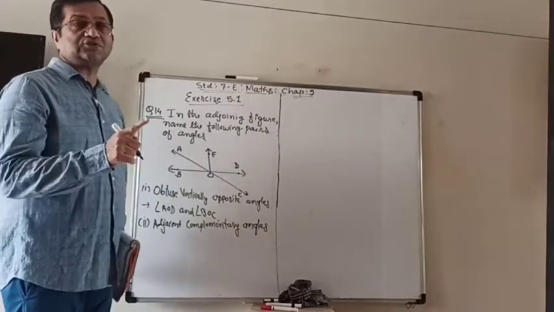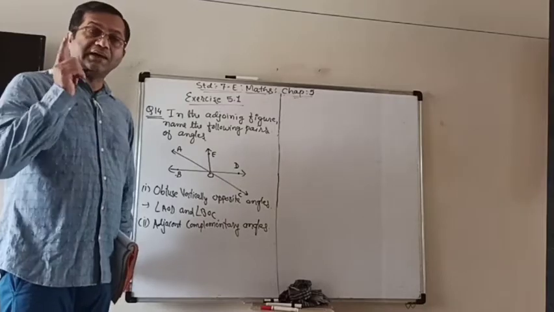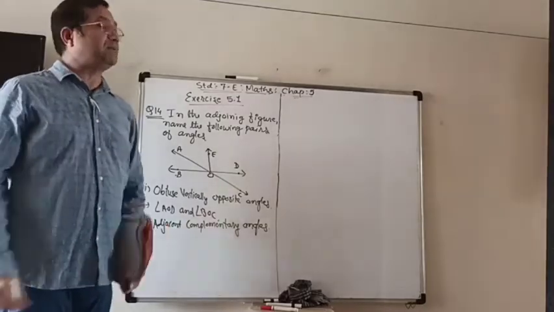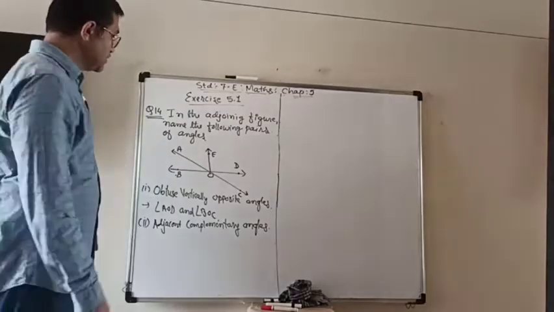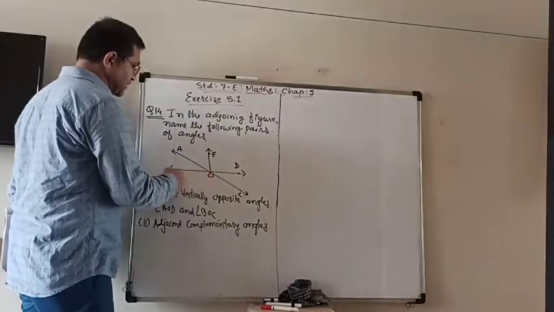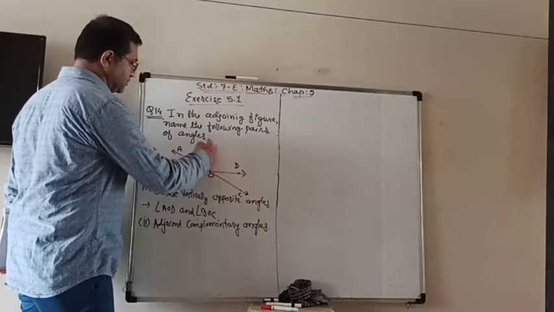They must be adjacent angles also, and they must be complementary. Complementary means the sum of their measure will be 90 degree. You can see that here it makes a 90 degree, here it makes a 90 degree.